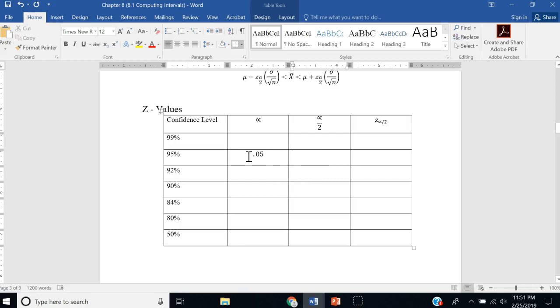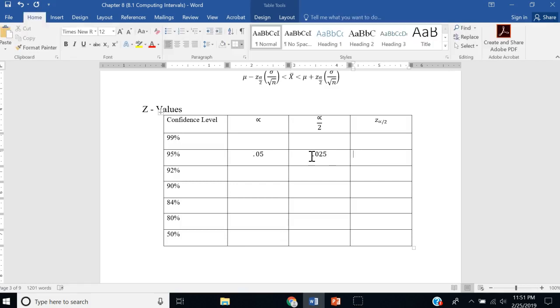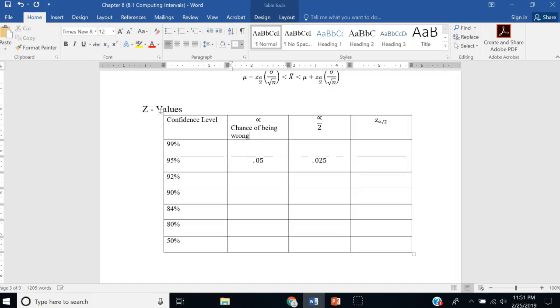So I think of alpha as the chance that I get it wrong. The z of alpha over 2, the reason is we just divide alpha by 2. So in this case, we take that 0.05, divide it by 2, and you get 0.025.